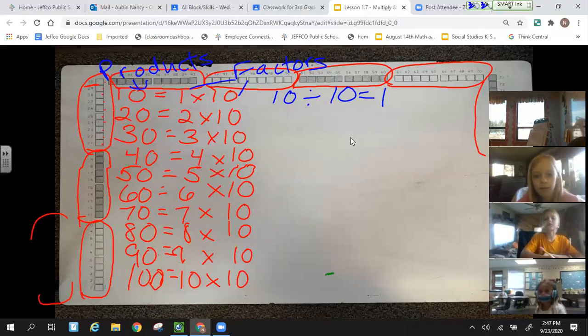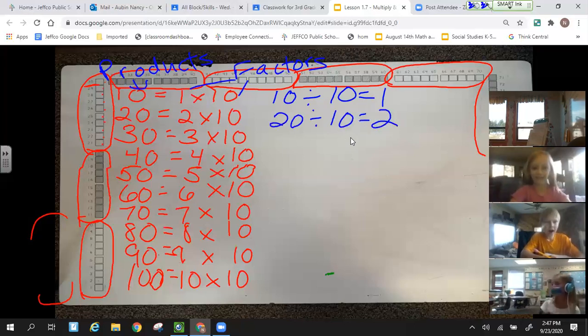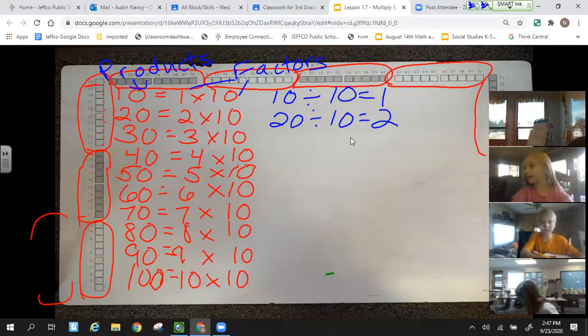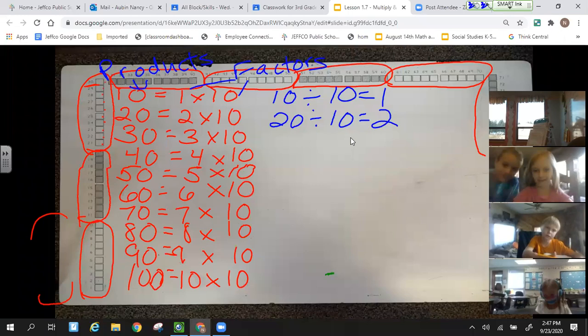We know 20 equals 2 times 10. Then we know 20 divided by 10 equals 2. That's the inverse operation. They undo each other. There are 2 10s in 20. There's 1 10 in 10.